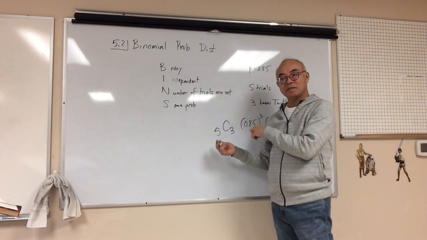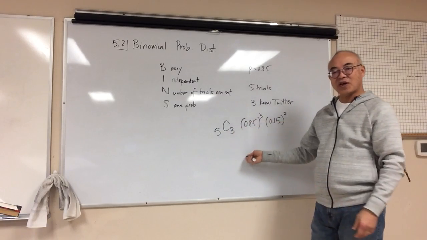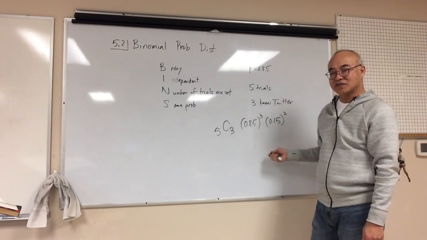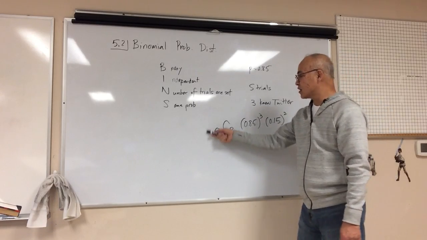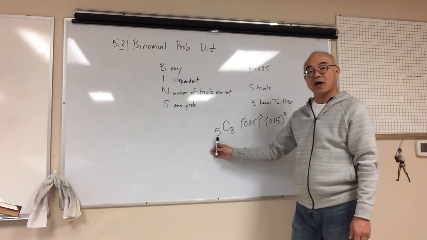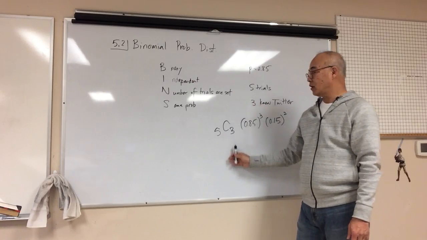You see what I'm saying here? So it could be success, success, fail, success, fail, or fail, fail, success, success, success, or whatever. This is the combination here of choosing 3 out of the 5, the 3 successes out of the 5. Okay?